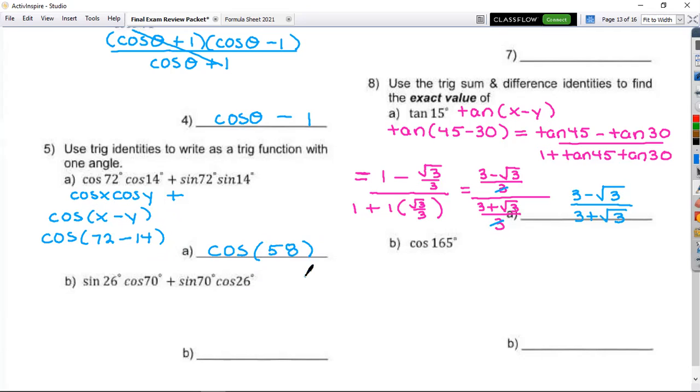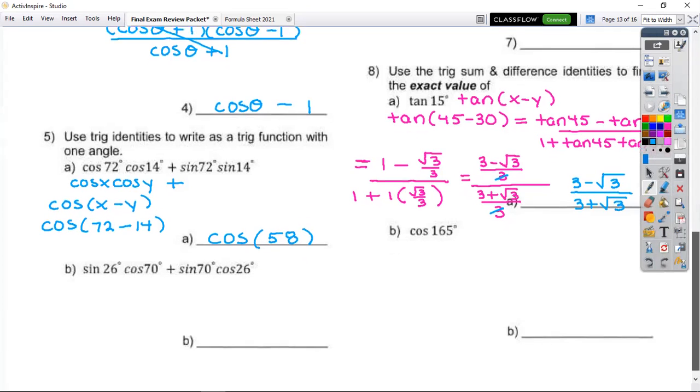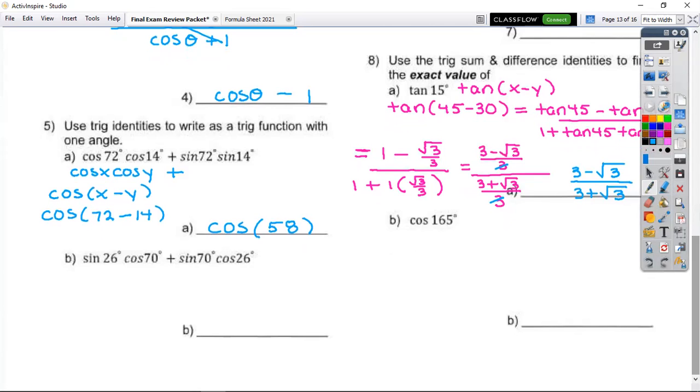So letter B, I'm going to do something very similar. On your formula sheet, you're going to look for what is this equal to on the left. So this says sine of something times cosine of something different. So that'd be cos of y. And then it goes plus. So you're looking on your sheet where it says sine x cos y plus.